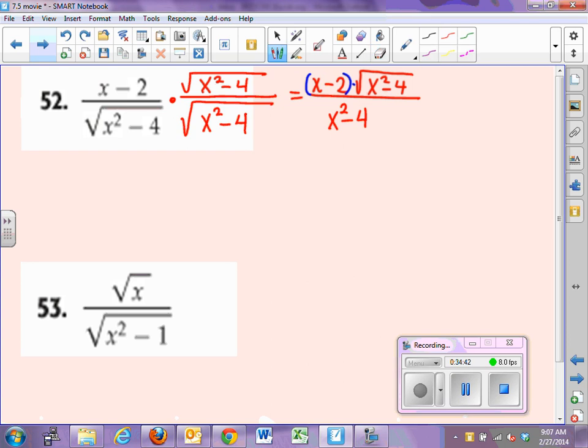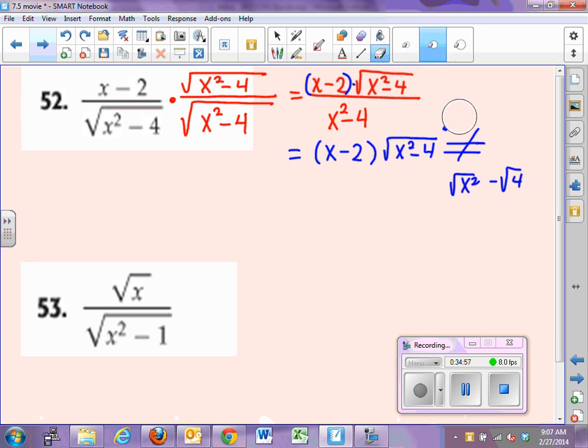Now I can continue again, and do you know why? Because the bottom factors. Remember, you can't do anything with this because you cannot break this up into separate radicals. You can only do that when you're multiplying and dividing.